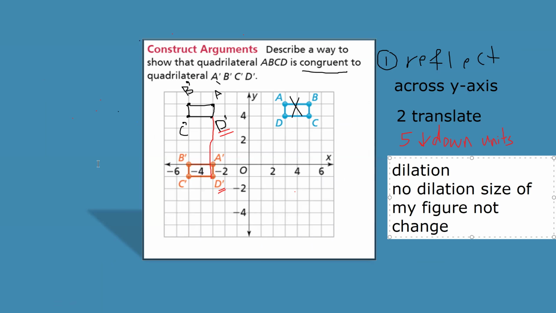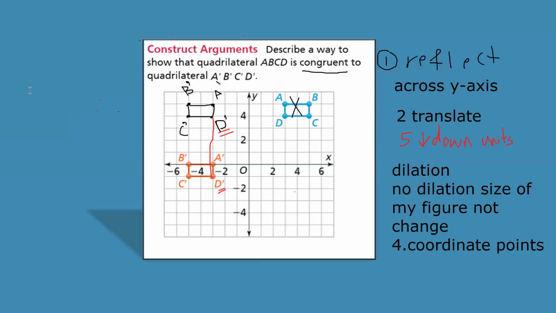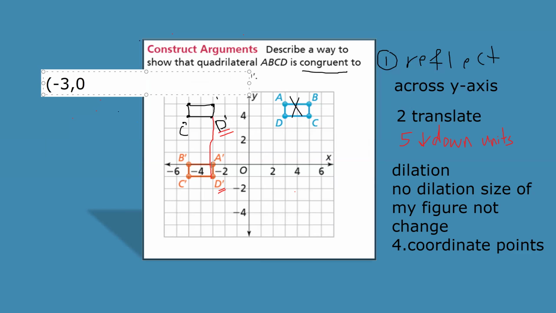Last thing, coordinate plane. Number 4, points. I told you, you need to figure out the points of my image. Let's write them. Always, girls, keep in mind we start from x. So x here is -3, comma, 0. Then -5, comma, 0.